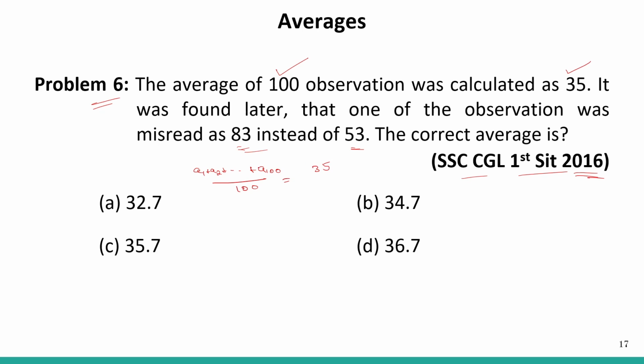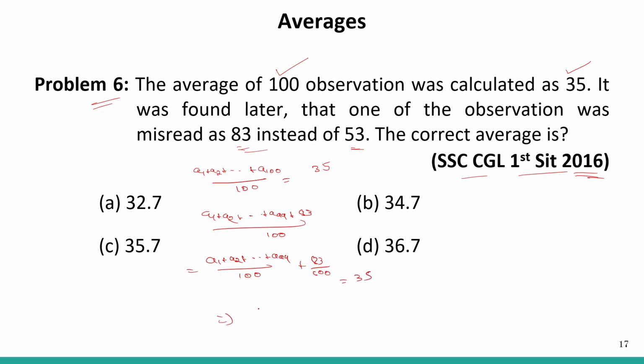But let's say the 100th observation was actually measured as 83 instead of 53. So let's write down 83 here. So A1 plus A2 plus dot dot dot A99 plus 83 whole by 100 is equal to what? A1 plus A2 plus dot dot dot A99 whole by 100 plus 83 by 100 is equal to 35.